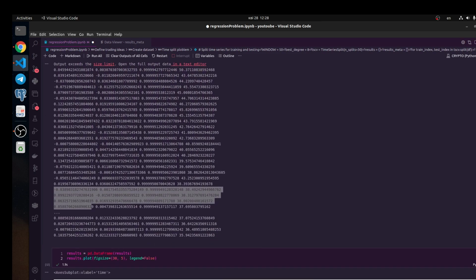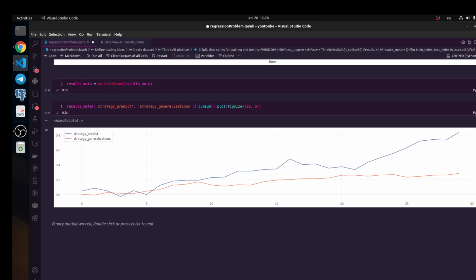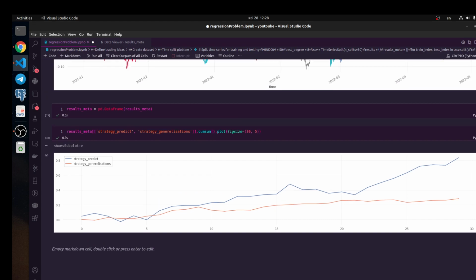Next, we need to improve our results using multiple tools, because we have a very big place for analysis and improvement in trading.